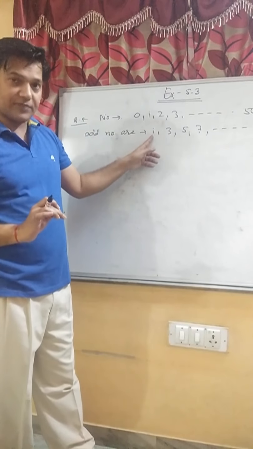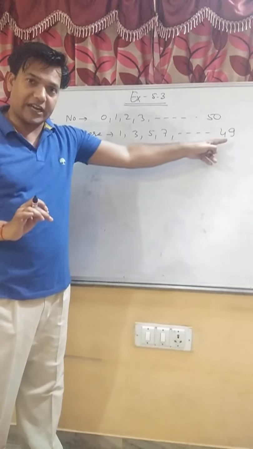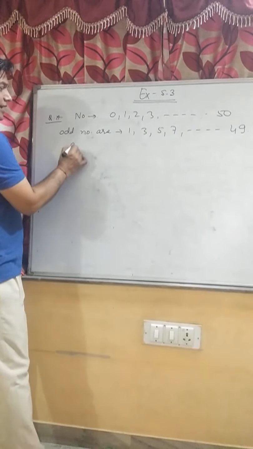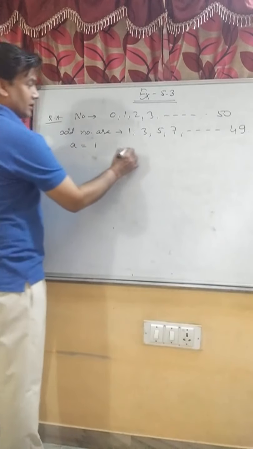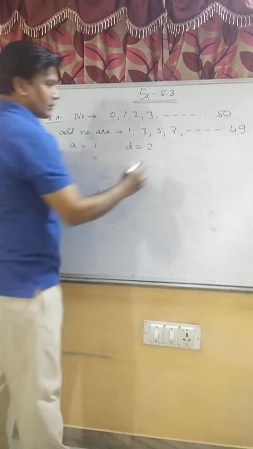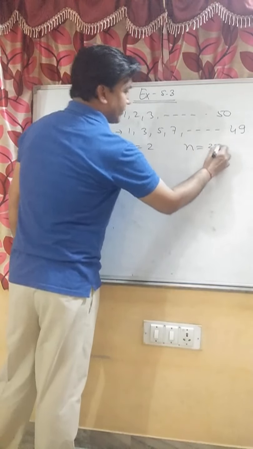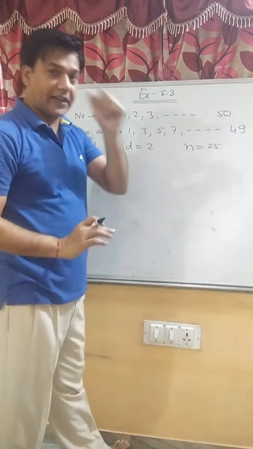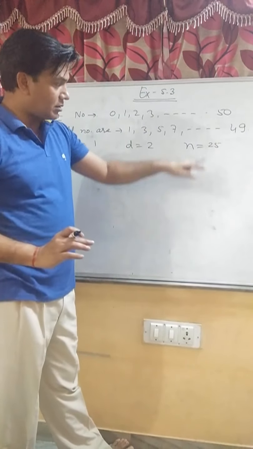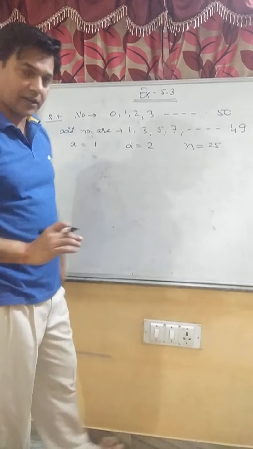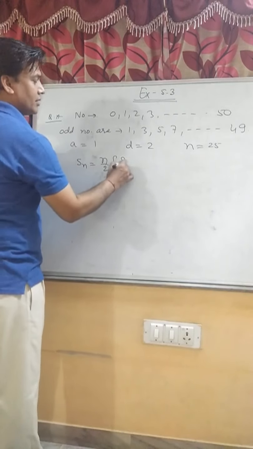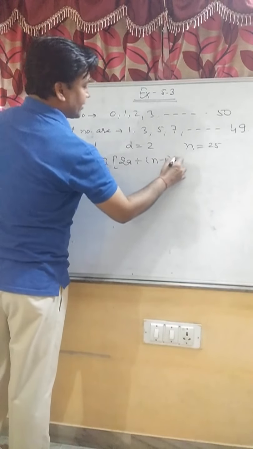The first term is 1, the last term is 49, and the number of terms is 25. a is 1, d is 2, common difference 3 minus 1, 2. And the number of terms is 25 because from 0 to 50 half are even numbers and half are odd numbers. So 25 is the number of terms. Sn is given by n by 2 bracket 2a plus n minus 1 into d.